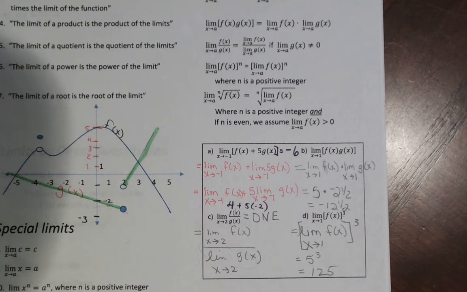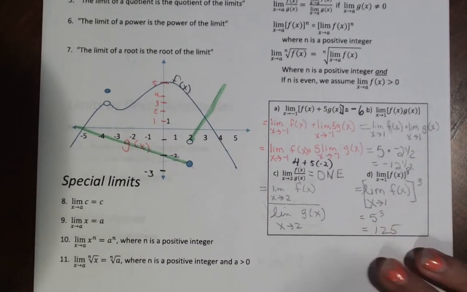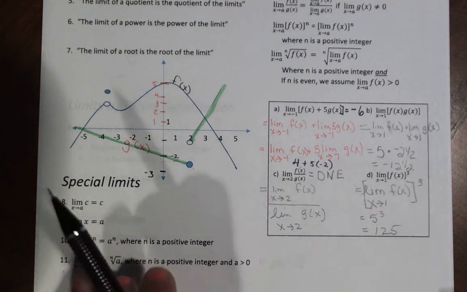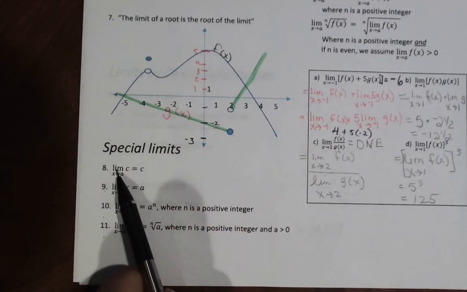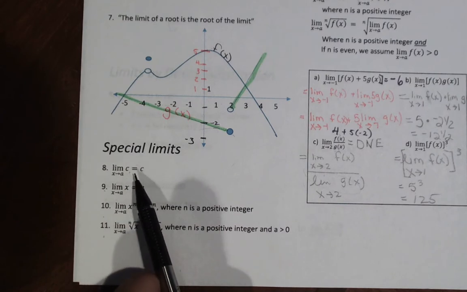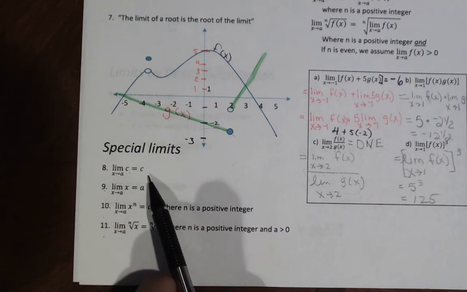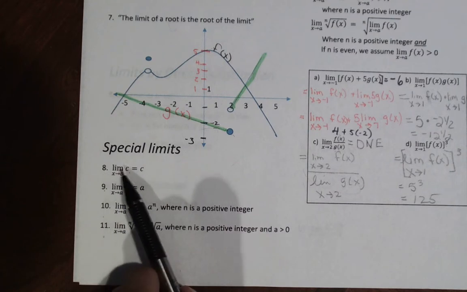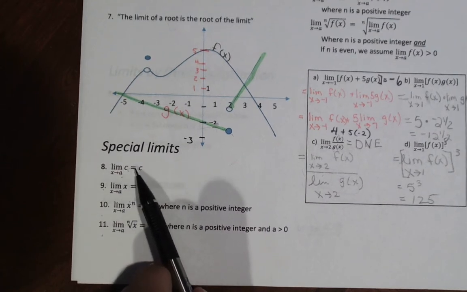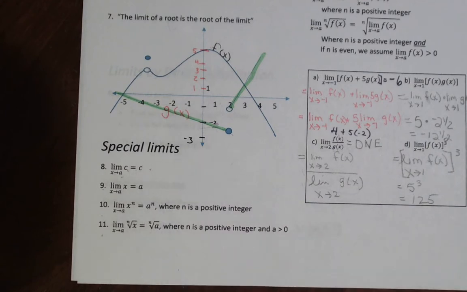We do have 4 other special limits. This one says the limit as x approaches a of any constant is equivalent to that constant. So the limit as x approaches 5 of -7 would be -7.